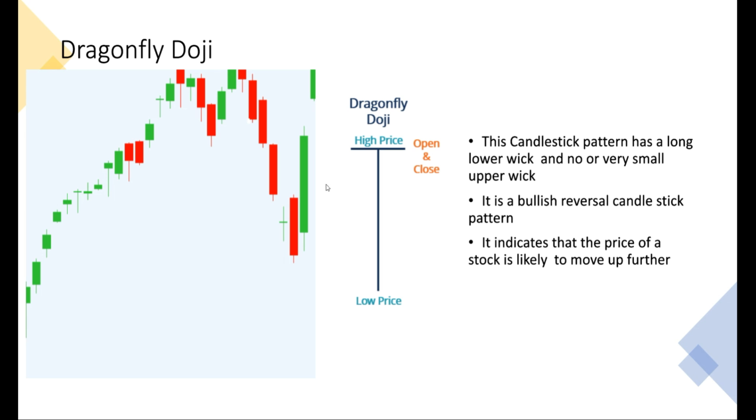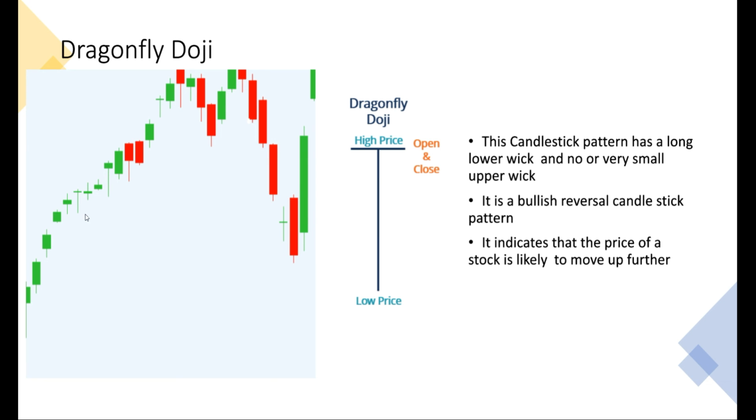So this is how the dragonfly doji will reflect. This is a bullish candlestick pattern, and this indicates that the price might move up further. You can find the dragonfly doji here. It looks similar to this. So this is a dragonfly doji.